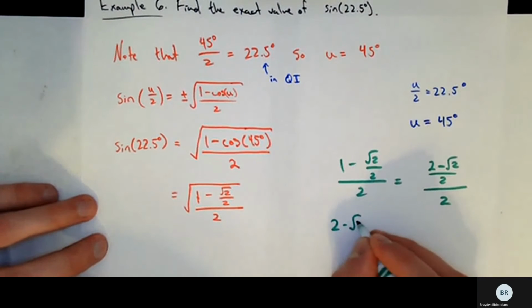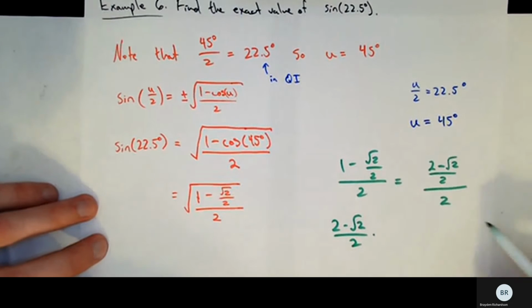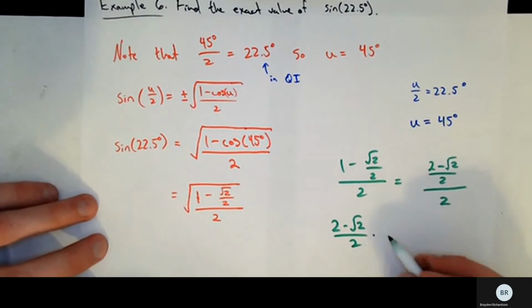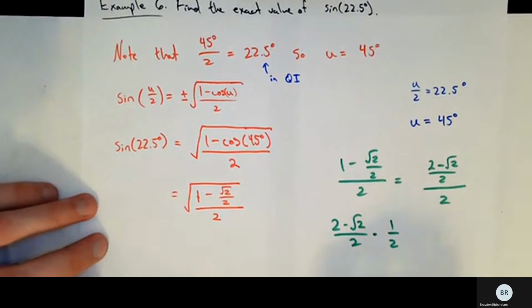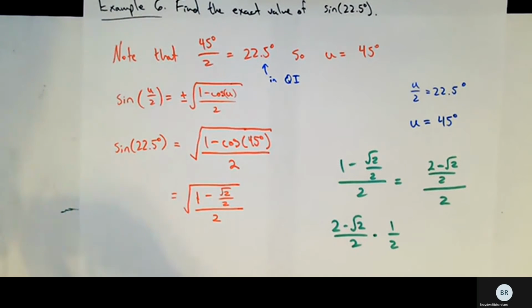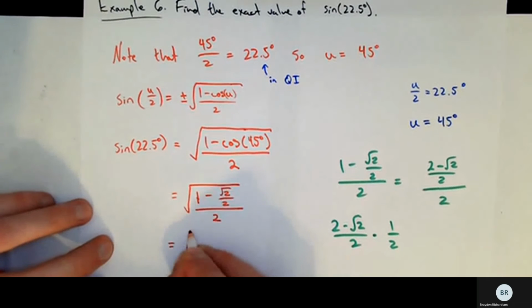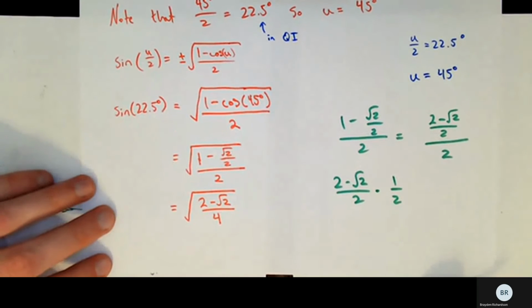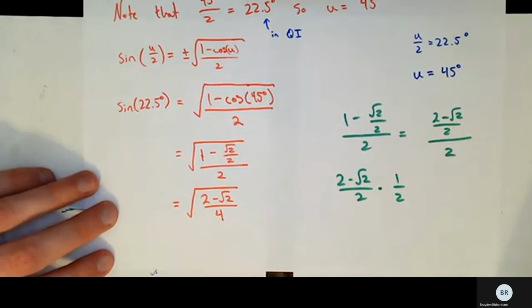That's the same as 2 minus square root of 2 all over 2 times the reciprocal. So instead of dividing by 2, I multiply by the reciprocal, and I'm getting 2 minus square root of 2 all over 4, all under a square root.